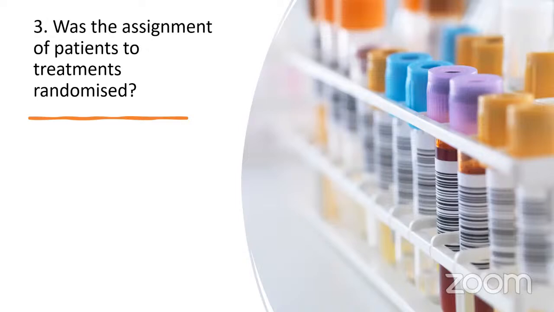That means there could be a lot of bias and flaws in the conduct of the study. It can be computer-generated randomization, or there are randomization tables available based on which it can be generated, but it should be very clearly mentioned.